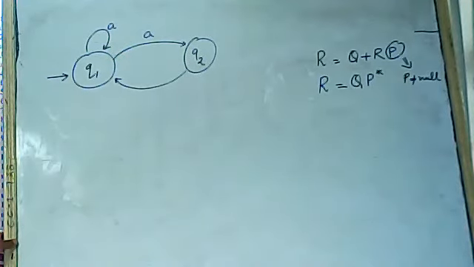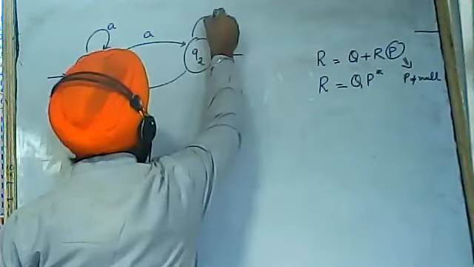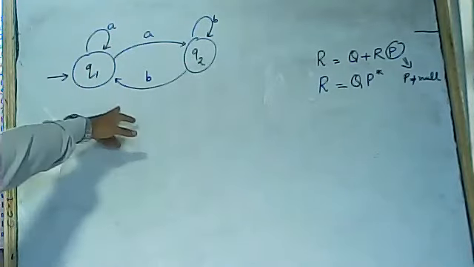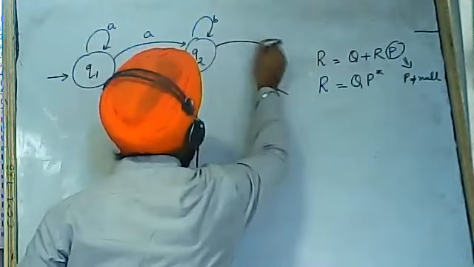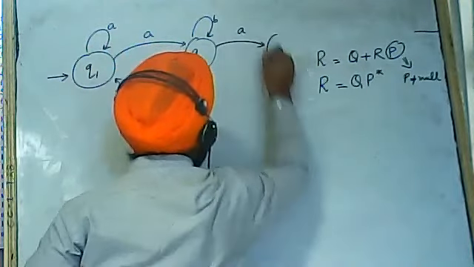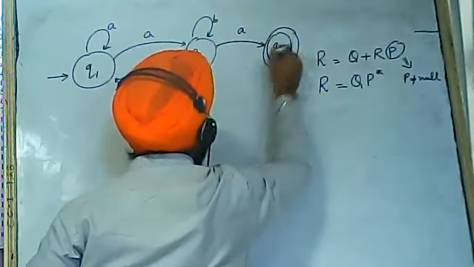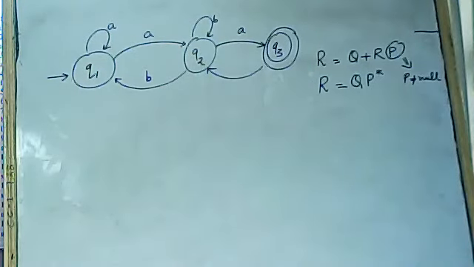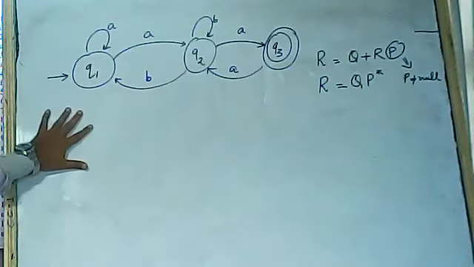Q2 upon the processing of B goes to itself, and upon the processing of B goes to Q1. Q2 upon the processing of A goes to the final state Q3, and Q3 upon the processing of A goes to Q2.